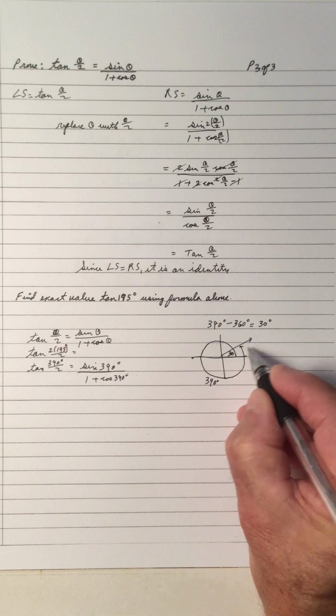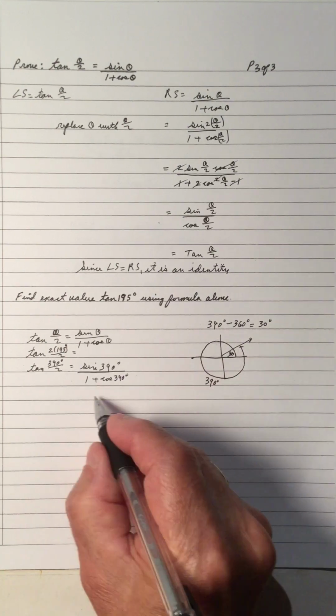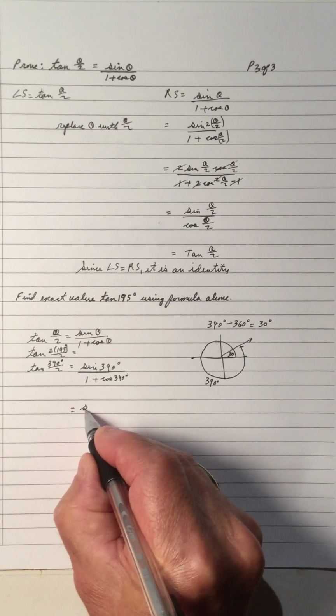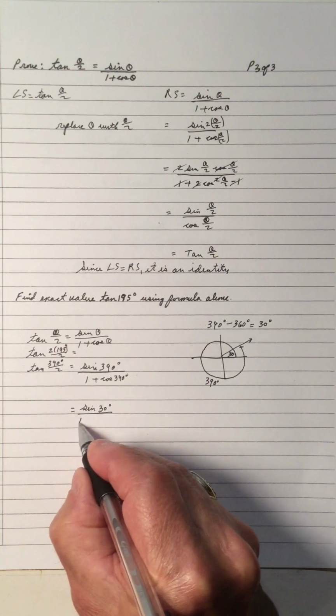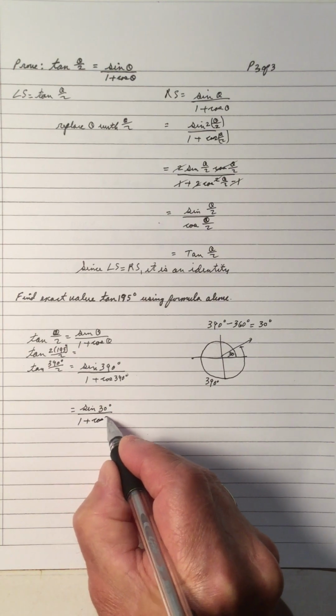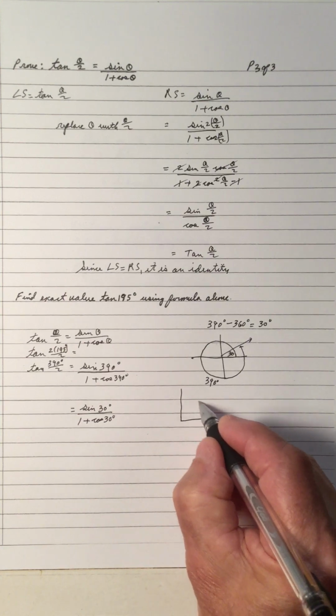This is a 30 degree angle, so that's the equivalent. So we change 390 to 30.